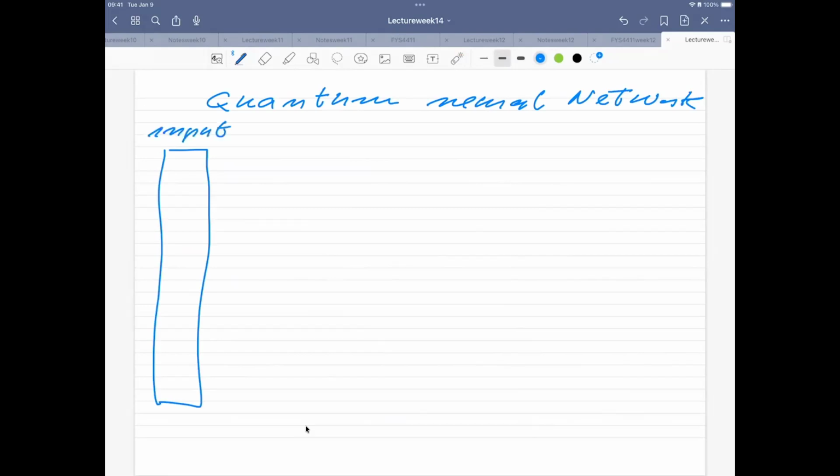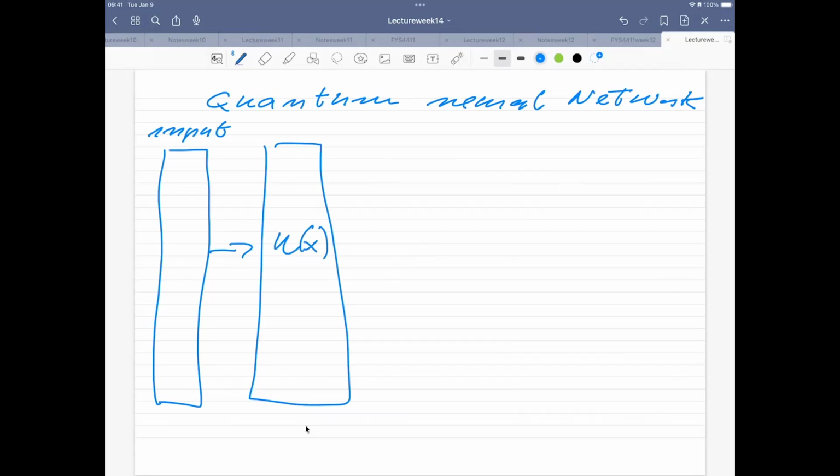Then this is transformed by a set of typically Hadamard rotations, and we just call this a U of X. So this doesn't have parameters. So we are actually encoding the data into quantum data. So I just call this quantum translation. And next week, we are going to look at examples of how we do that.